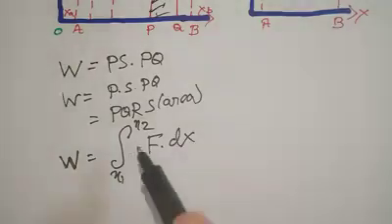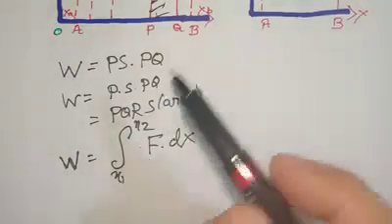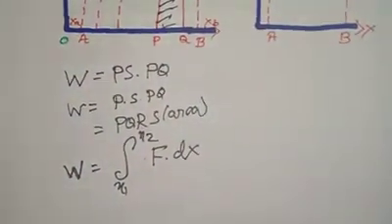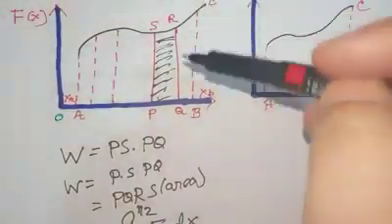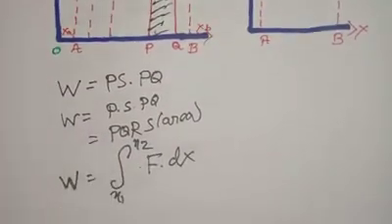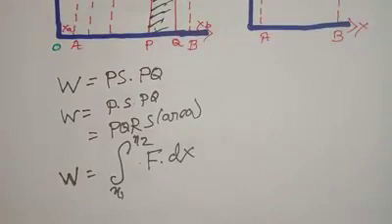It is an integration because we have to sum up this strip, and we have taken two variables, x1 to x2, as the limits.